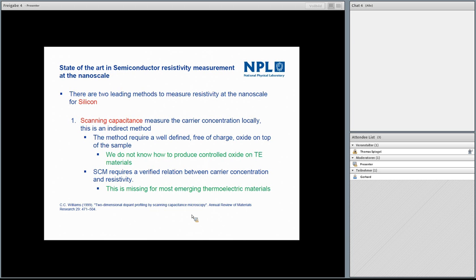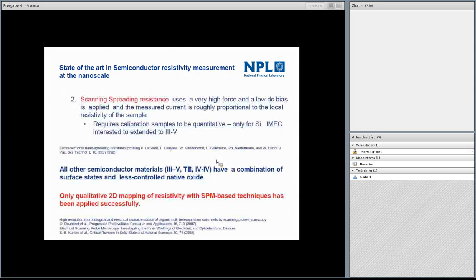What you measure is, in fact, the carrier concentration within the sample, and if you know the relation between the carrier concentration and the resistivity, you know the resistivity. That's something we don't really know for the new materials we have. Usually we receive materials and we know little about them. They have not been that well characterized, so it's a bit difficult to do that.